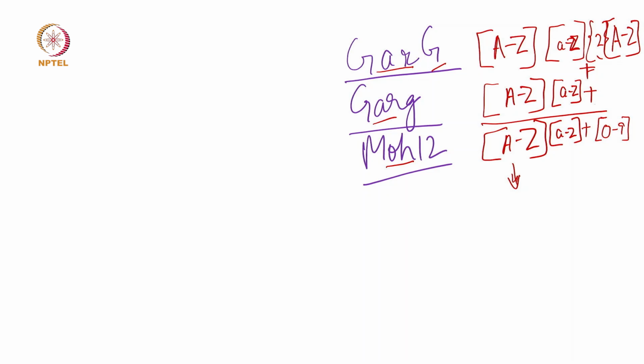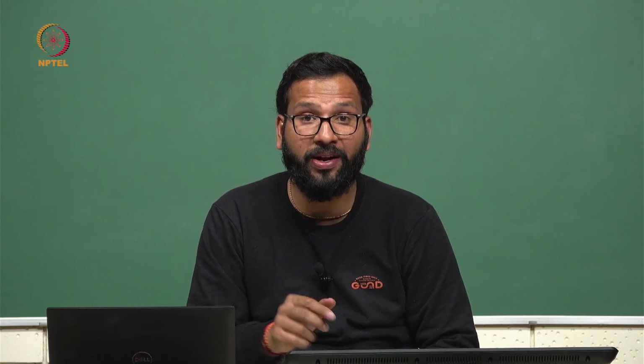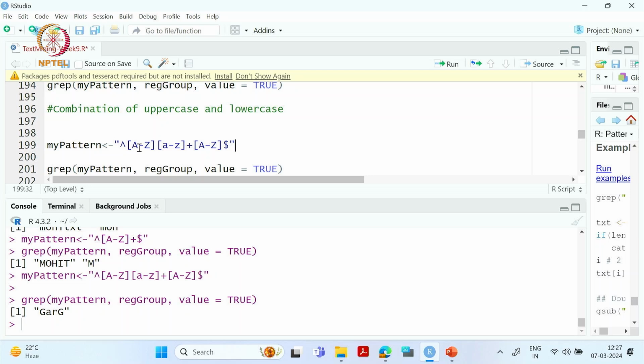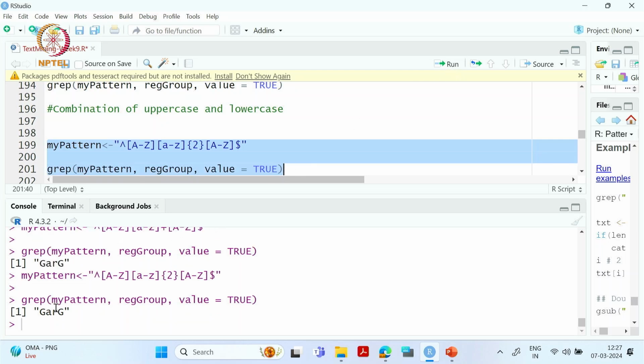Now we will see whether what we have made is working or not. In starting I have taken A to Z, the capital uppercase alphabet. Then one or more occurrences of lowercase alphabet, and then in the end it should be an uppercase alphabet. Or instead of this we can use this also. It is giving the same thing.